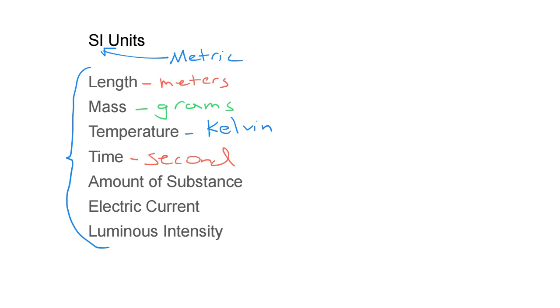Amount of a substance, our basic unit is the mole. Electric current is going to be ampere. We just call them amps. And then luminous intensity or brightness is measured in lumens.